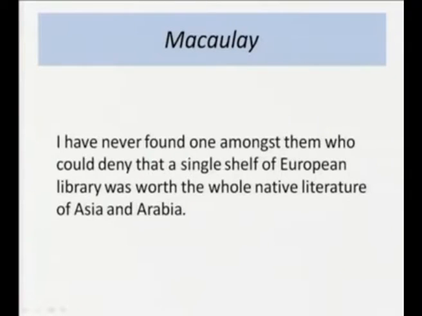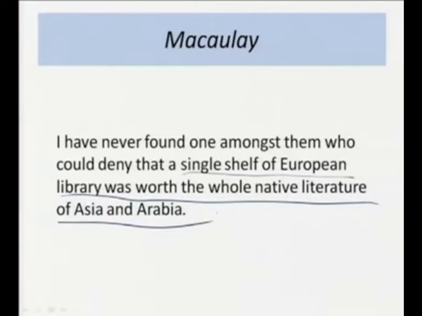For instance, Macaulay is famously known to have said, and I quote him, "I have never found one amongst them who could deny that a single shelf of European library was worth the whole native literature of Asia and Arabia."